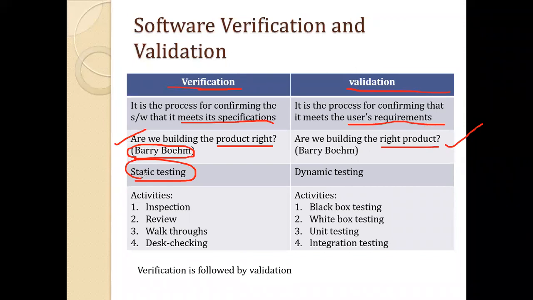So till now, just keep in mind that verification is static testing, whereas validation is nothing but dynamic testing. Okay, then the activities involved in verification are inspection, review, walkthrough, desk checking. So we already had a light on this particular bit, like what kind of an inspection.